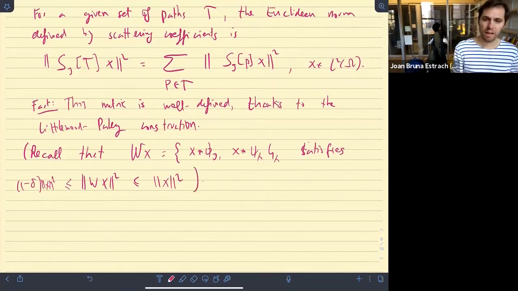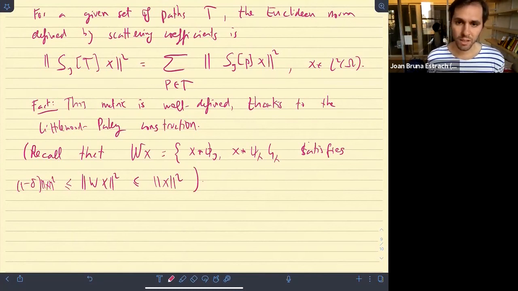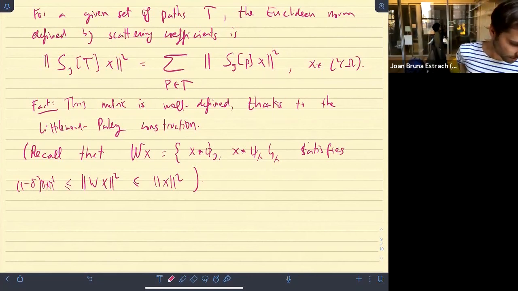Okay, so because every time I apply a new layer of my transform, I control things in L2 norm, this is what allows me to compose it as many times as I want.